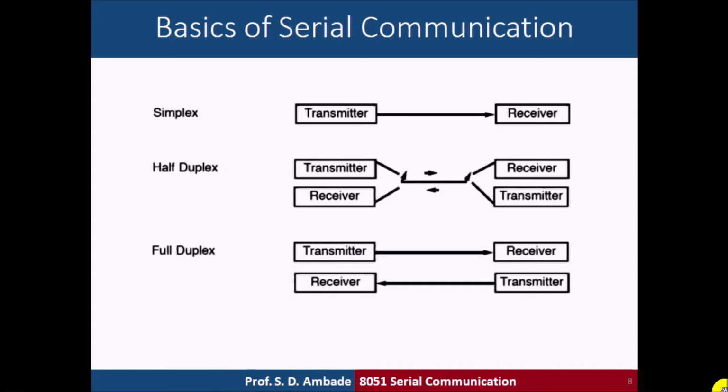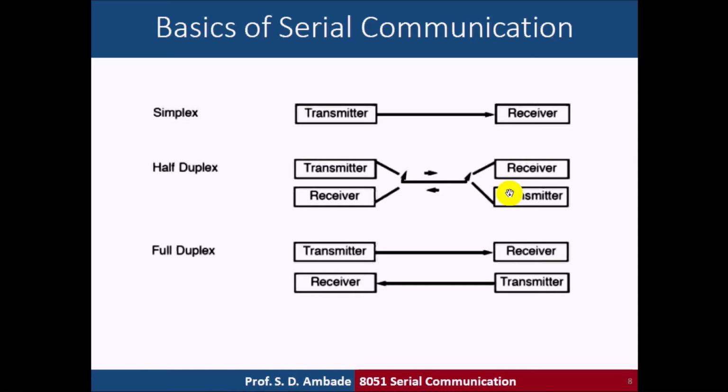You can see in the block diagram of half duplex, a receiver and transmitter are available at both ends. But in this system, only one type of communication is possible at a time. Means if this transmitter is sending data, only this receiver is able to receive data.